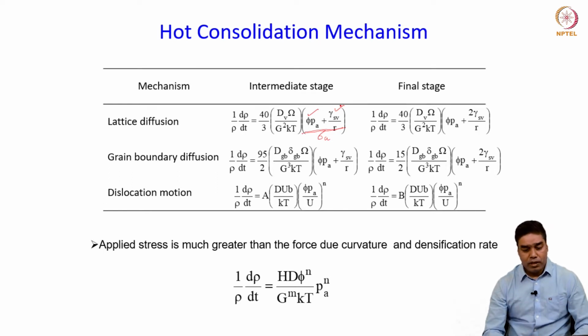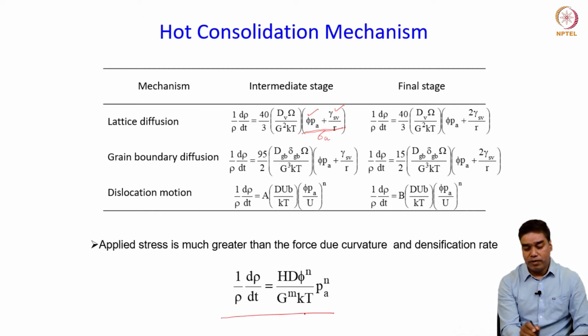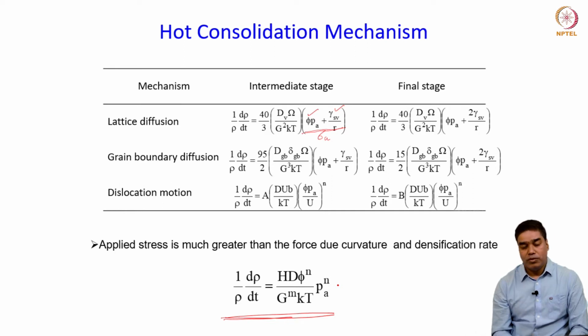And then finally we have seen a generalized form of the densification rate, given by this particular equation. Here the exponents m and n can have different values depending on the operative mechanism.